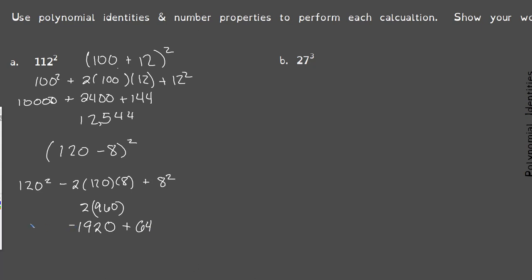Plus 64, and this is 144 with 2 zeros. So we subtract, and we end up with 12, 5, 44: 480 plus 64.